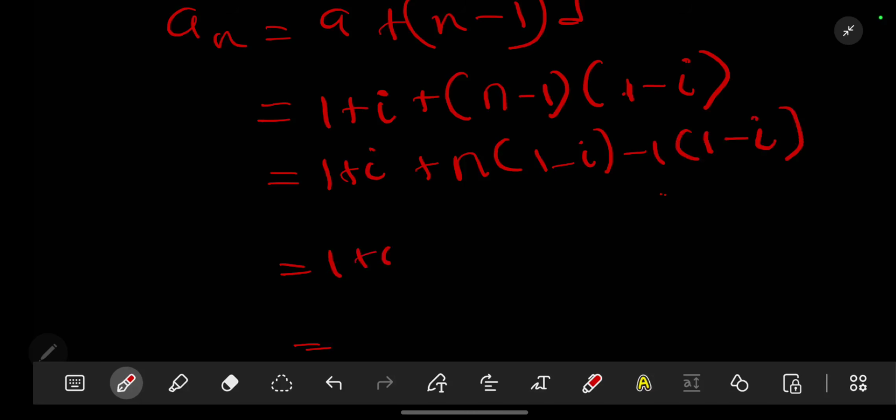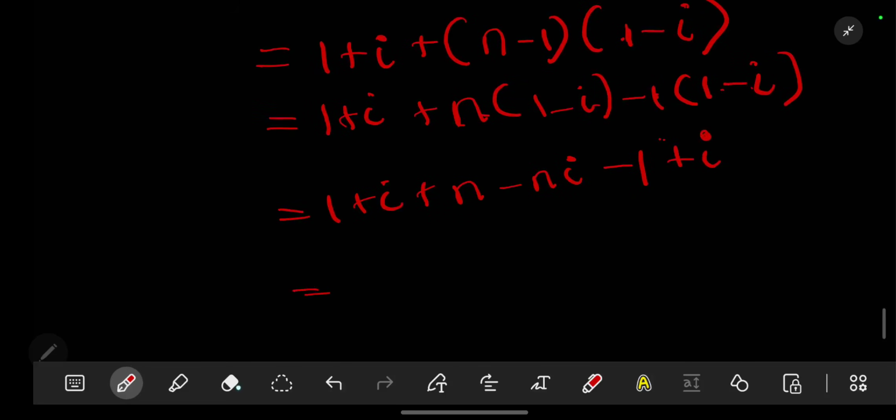This gives us 1 plus i plus n by 1 it will be n, n by this it will be minus ni, negative 1 by this it will be positive i. Then from there we are going to collect the like terms. So we have this 1 minus 1 is 0, but don't cancel the others, so that's 0. So we are just remaining with i plus i plus n minus ni.